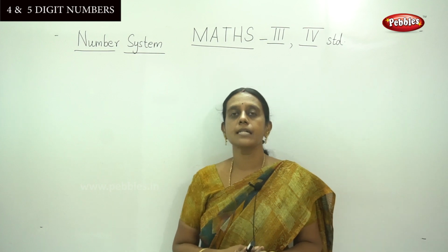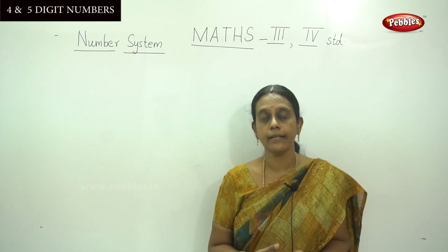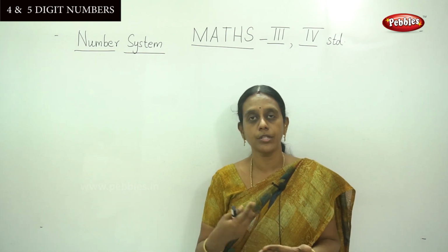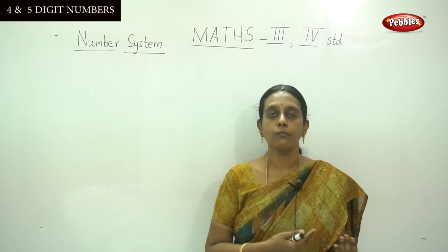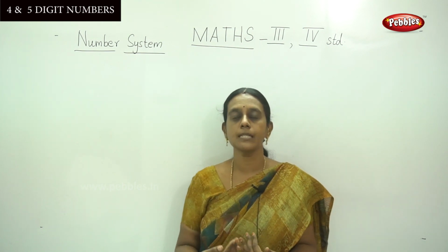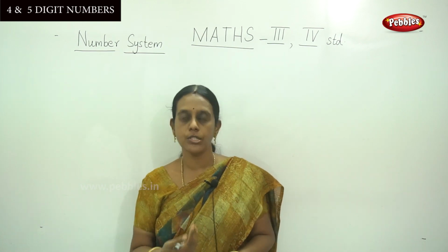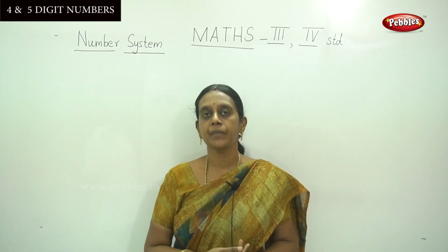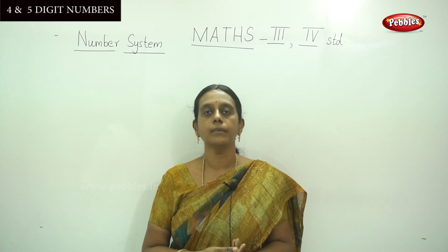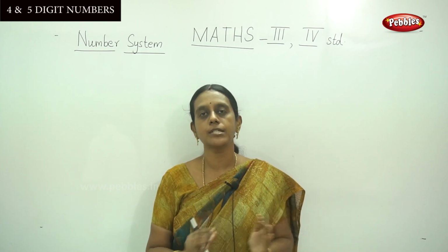Already we have discussed 4-digit numbers, up to 9999, and the formation of the smallest 3-digit number, greatest 3-digit number, similarly the smallest 4-digit number and greatest 4-digit number. Already we have discussed expanded form and short form up to 4-digit numbers.